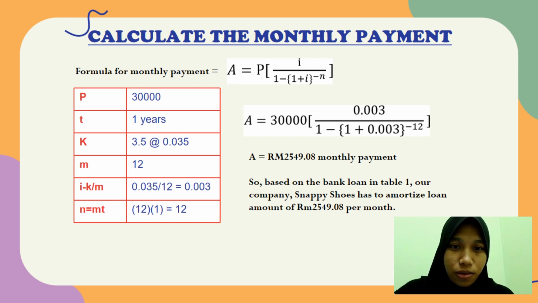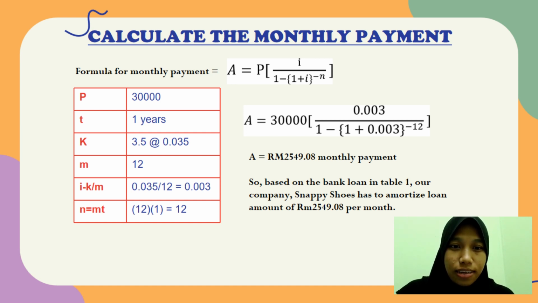Firstly, we use the formula for monthly payment, which is A equal to P times I divided by 1 minus (1 plus I) to the power of negative n.